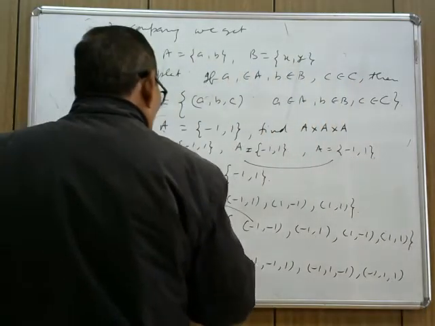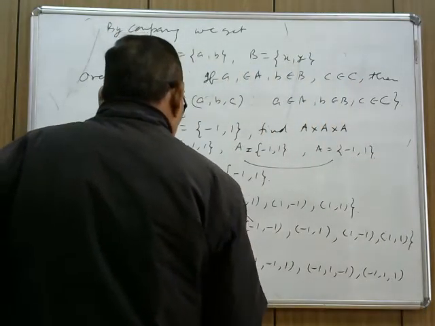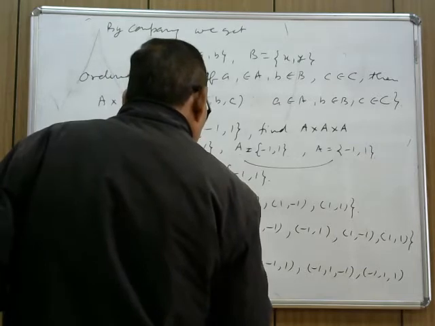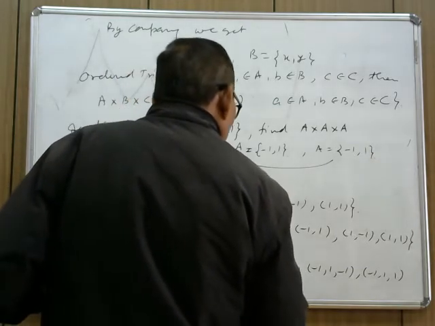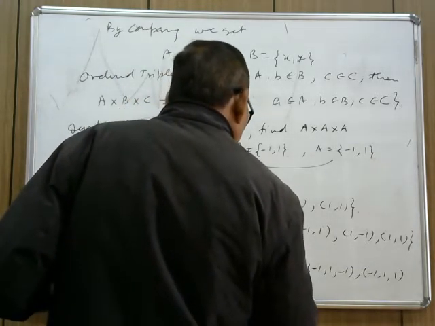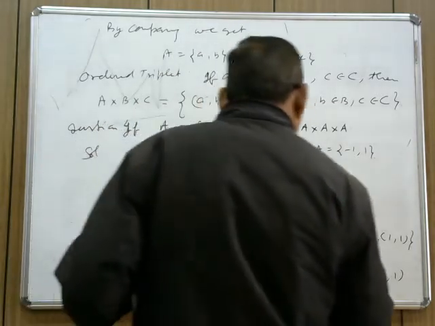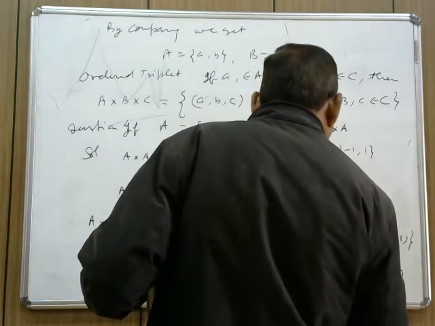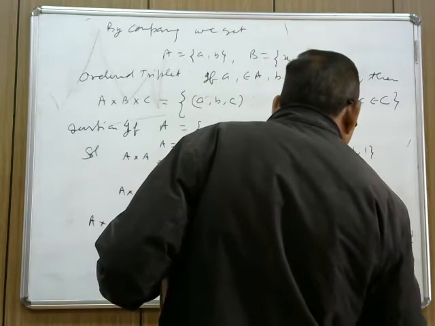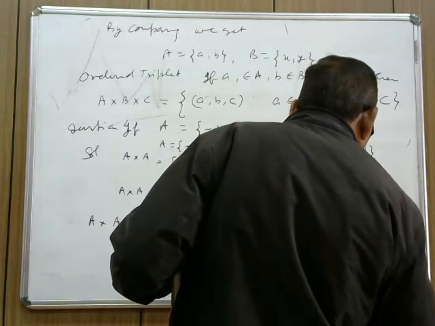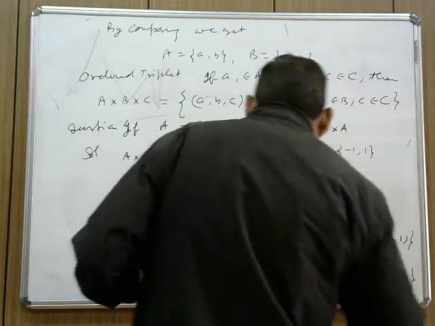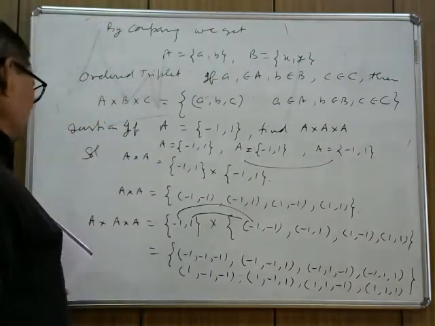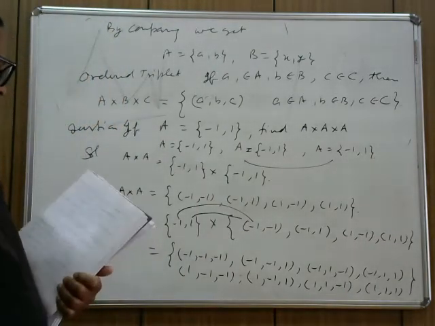Again, you correlate with this. It is (1, -1, -1). Next one is (1, -1, 1). And again (1, 1, -1), and the last one is (1, 1, 1). So in this way you find A cross A cross A.